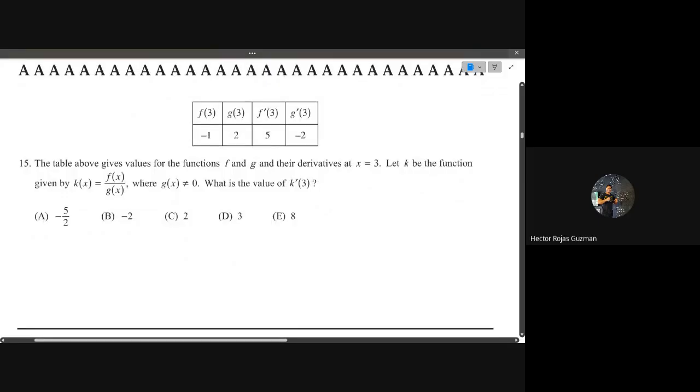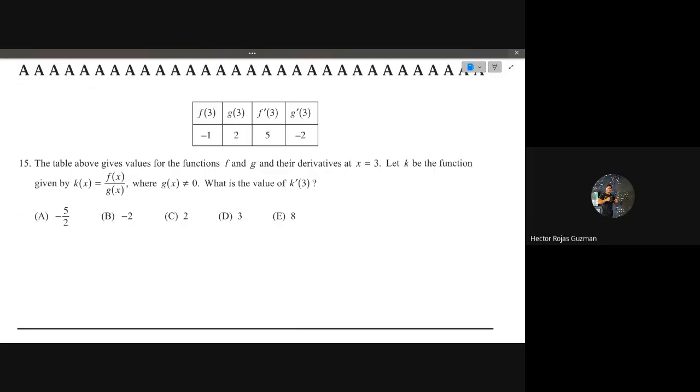Okay. Let k be the function f over g. What is the value of k prime of 3? First, we have to find our derivative. K prime of x is the bottom times the derivative of the top minus the top times the derivative of the bottom all over the bottom squared.